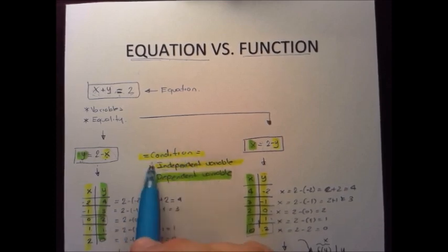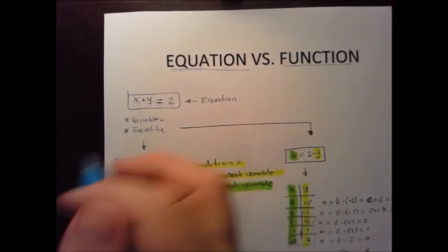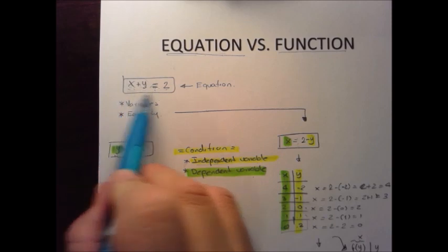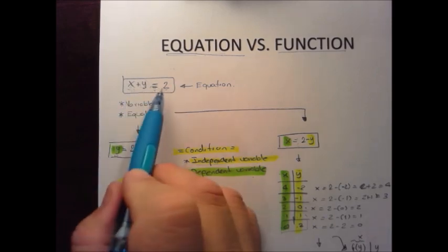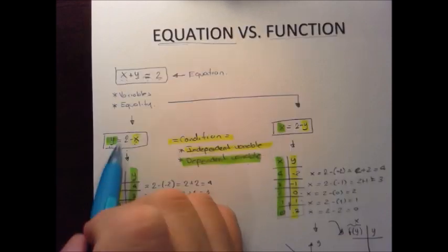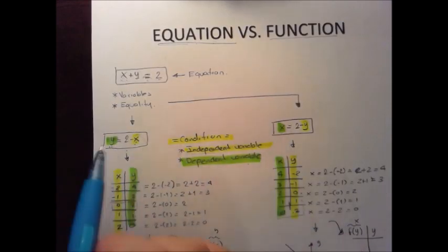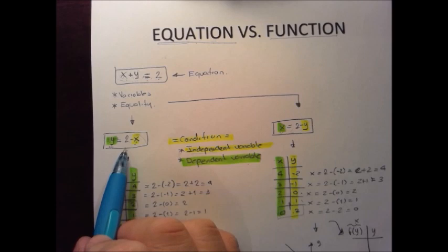Okay, so it means that in that case this is not a function. It's just an equation because you have variables and equality. And what about this? Well, is this an equation or is this a function?